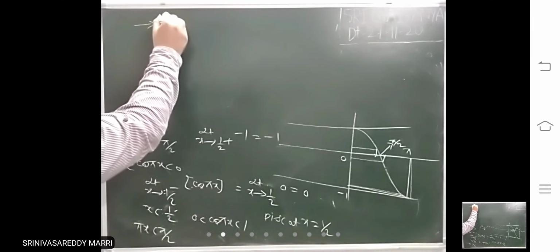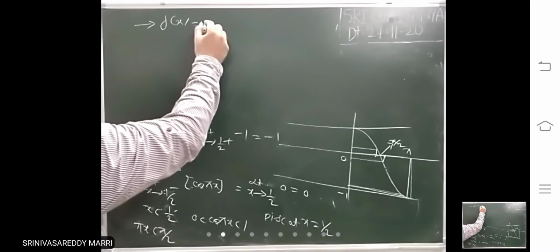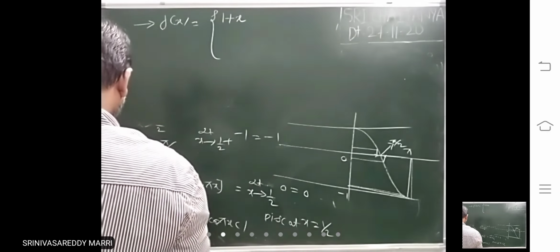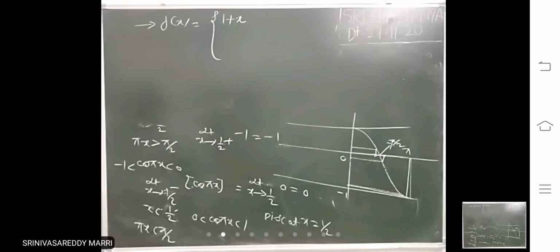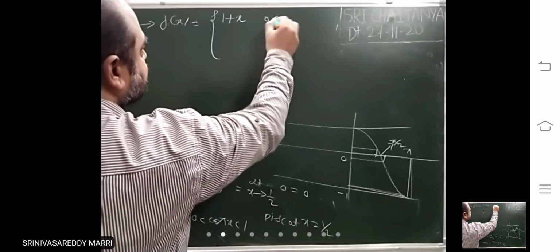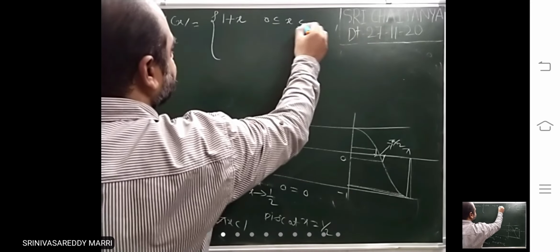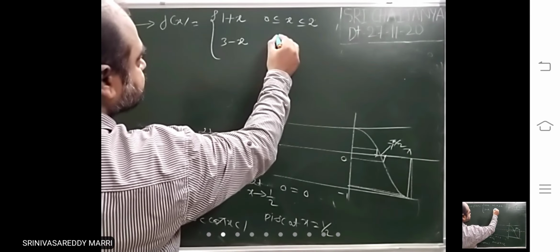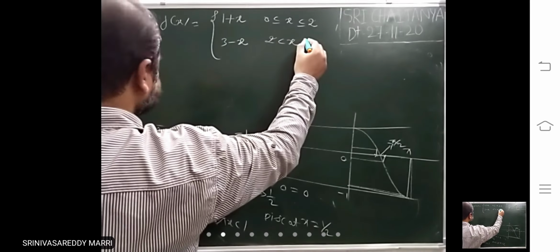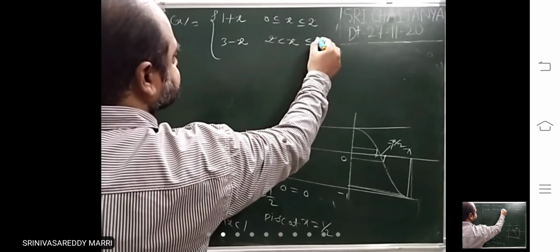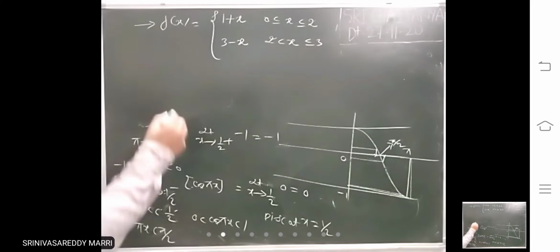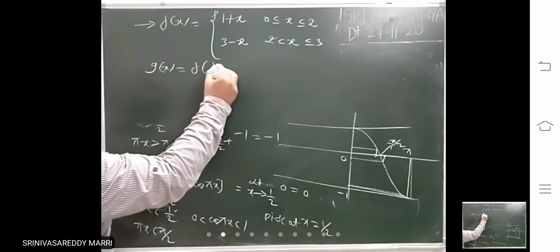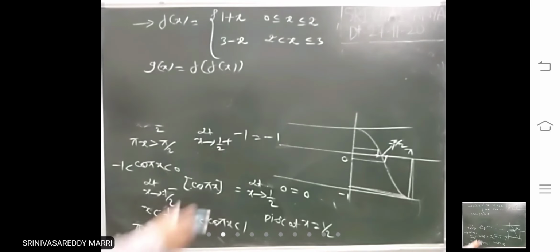Look, f of x is defined like this: 1 plus x, 0 less than or equal to x less than or equal to 2; 3 minus x, 2 less than x less than or equal to 3. Defined like this. And another function is given, g of x equal to f of f of x.